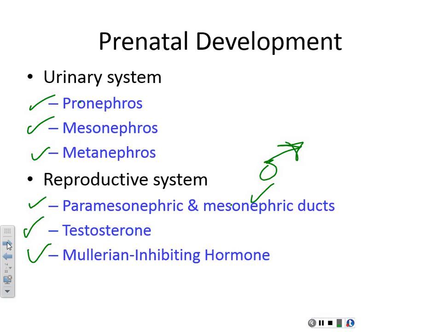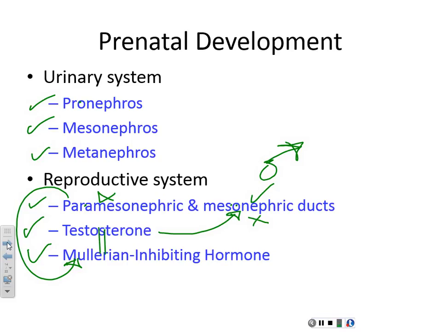Then Mullerian inhibiting hormone will inhibit the paramesonephric ducts, which are going to become female. So this will inhibit that, and this will plus that. See what I'm saying? And then in the absence of both of these, the opposite happens.